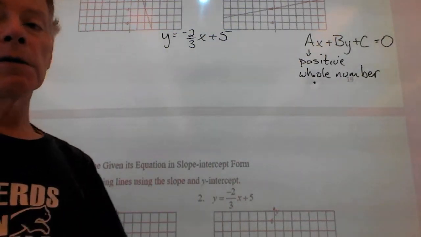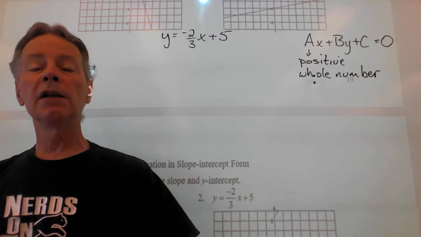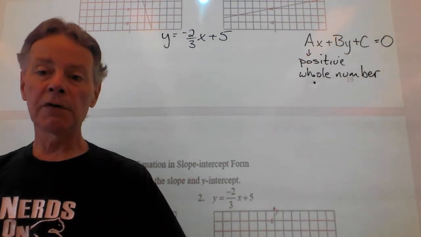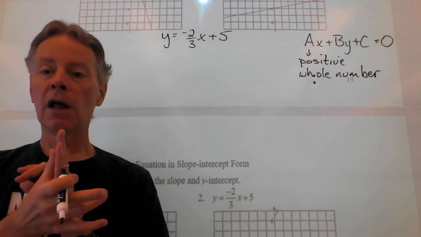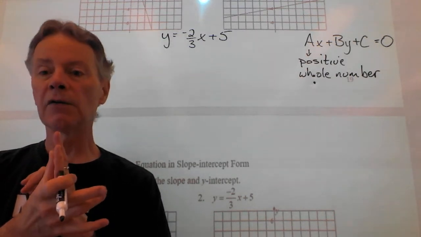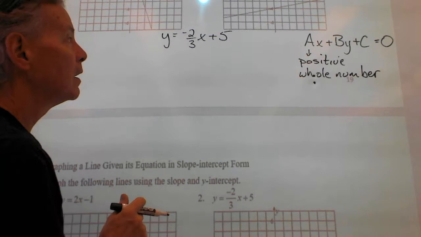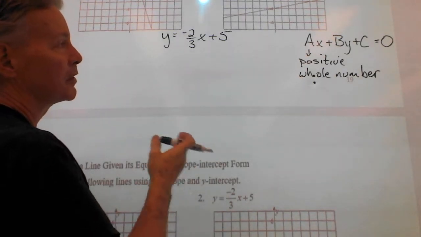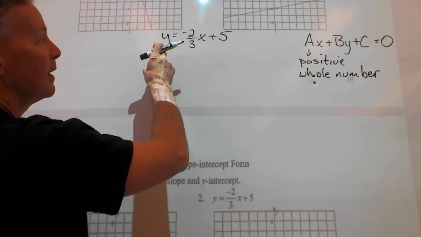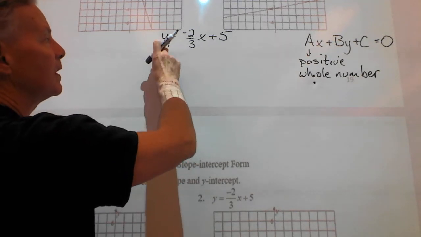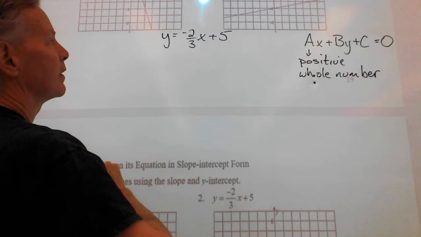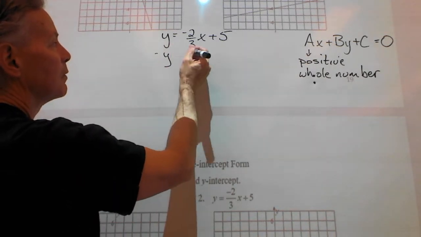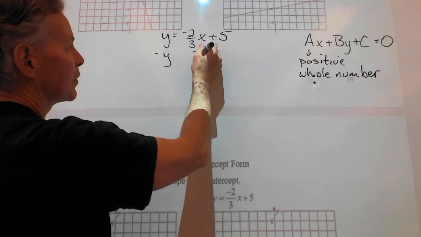Now remember, what you want to do is rearrange so that everything is on one side of the equation, the coefficient of x is positive, and a whole number. So first of all, let's move everything to one side. As is often the case, the easiest thing to do is just to move this y over, to get rid of it on the left. Remember, we just subtract y from both sides.